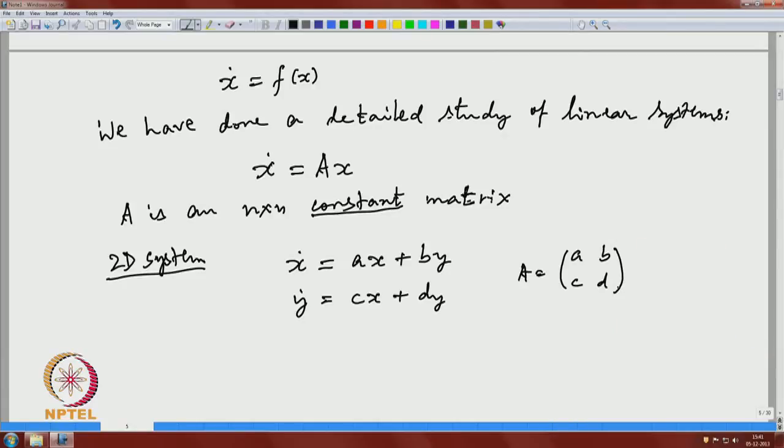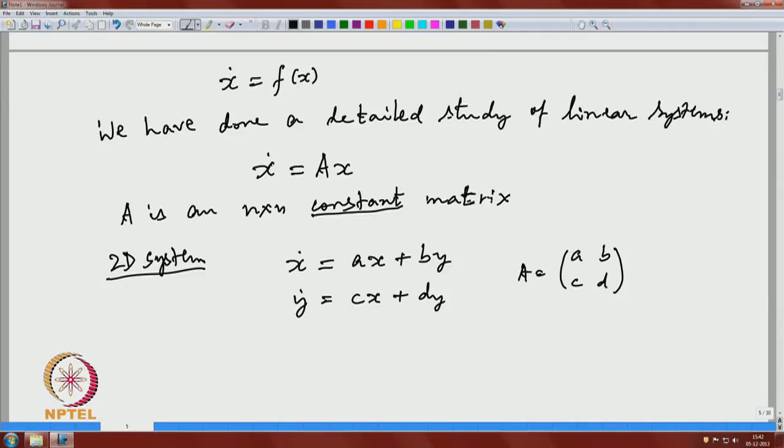Okay. And we have also learned how the nature of eigenvalues of this 2 by 2 matrix plays an important role in the description of the trajectories, orbits of this system.